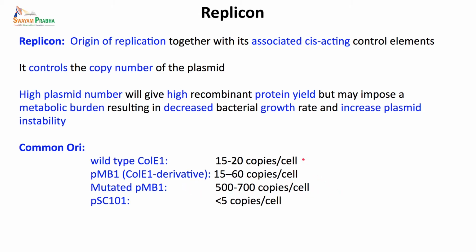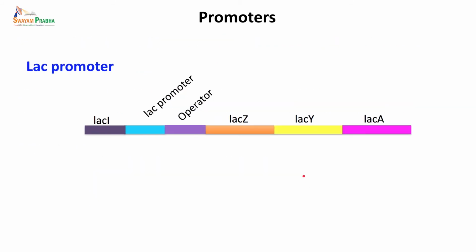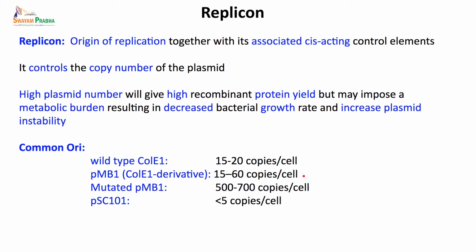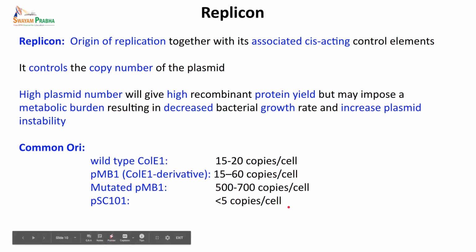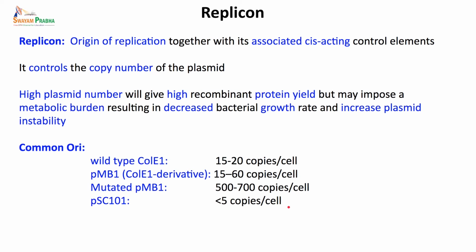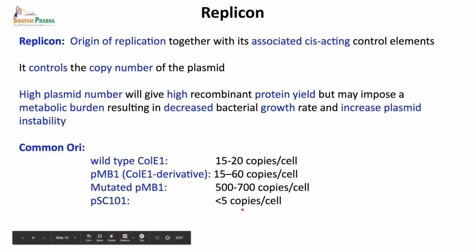If there are lower numbers of plasmids per cell, the amount of protein produced per unit time will be a little lower, and maybe the protein may fold. Another consideration is if the protein has certain toxicity, then you do not want to overexpress it so much that the entire culture dies. So you may want to have an origin which has very low copy number.